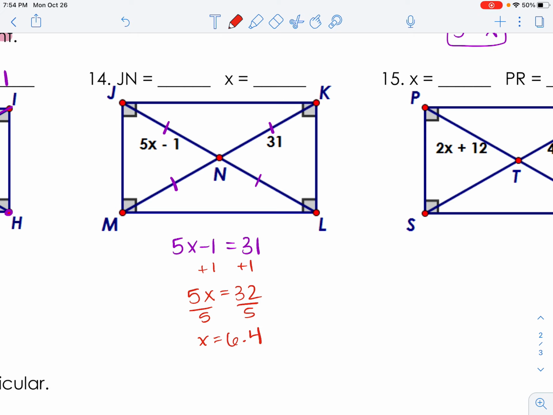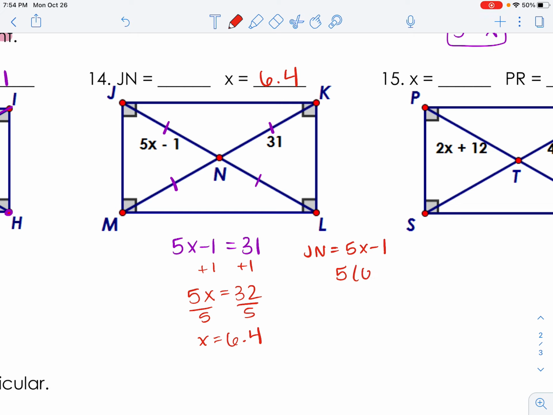6.4. Now, I know we freak out sometimes when we get decimals, but do not fear. A decimal is not a wrong answer. It's just not the prettiest answer you could have. But it is correct. Now we want to find JN. So we know that JN is represented by the expression 5x minus 1, and we know that x is 6.4.